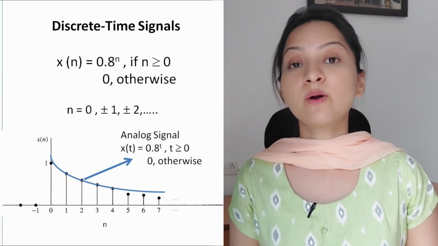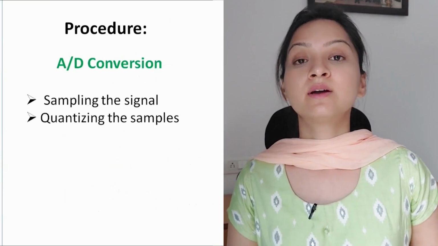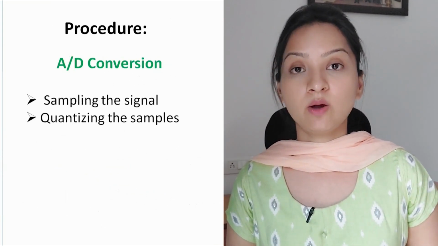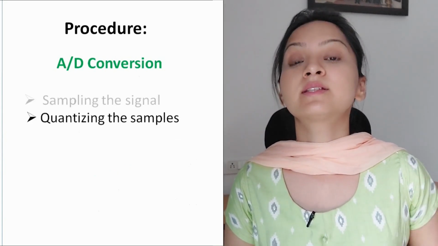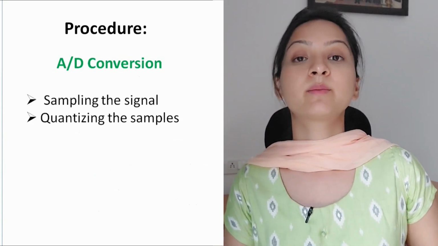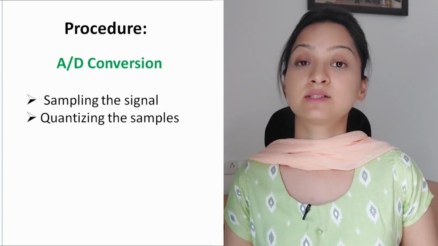That is also called sampling, and it is this very term that I mentioned while I talked about analog to digital conversion. When I talked about the steps, the first step was sampling, and it is this sampling that is required to convert an analog signal to a digital signal.